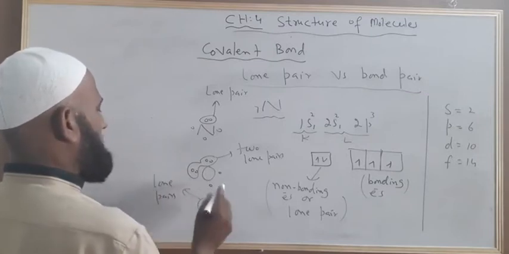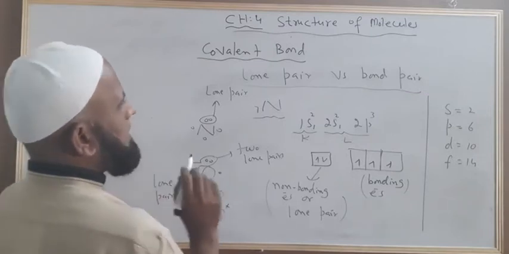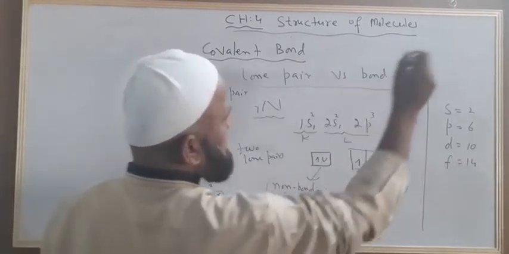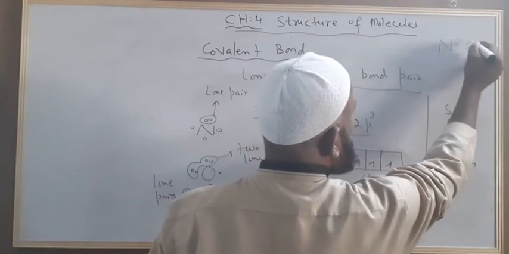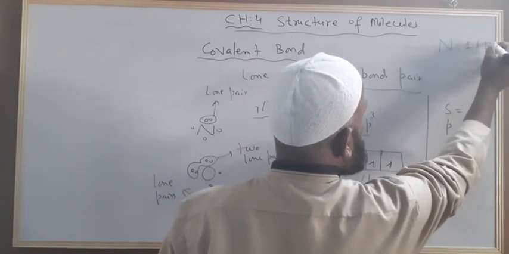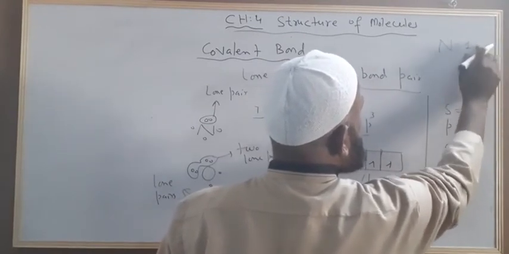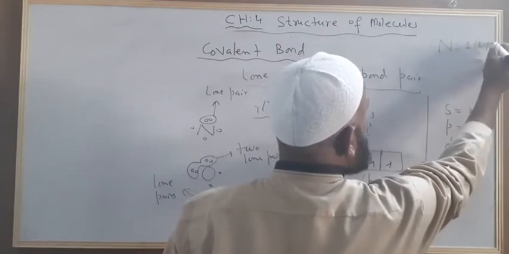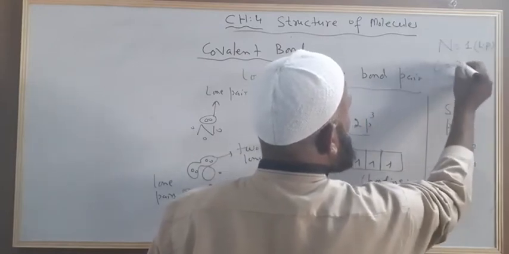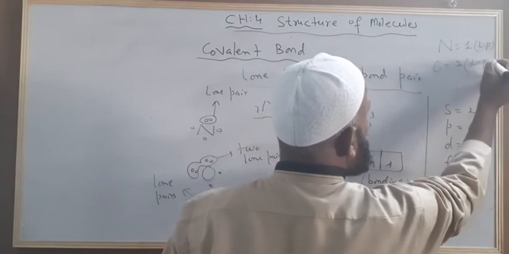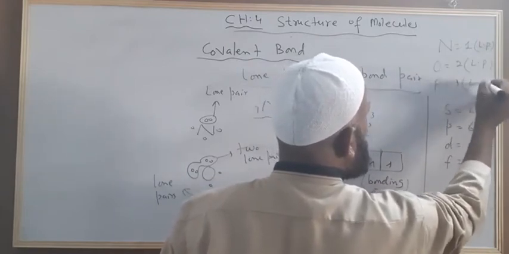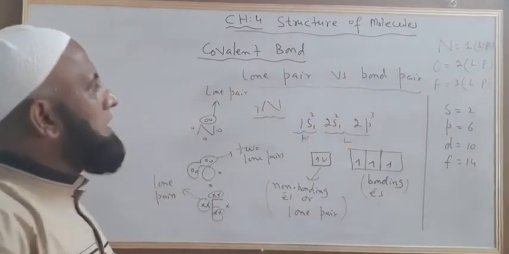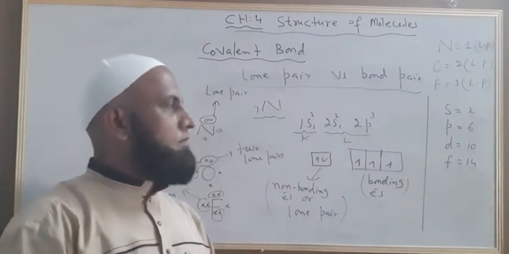So in conclusion we can say that nitrogen has one lone pair, oxygen has 2 lone pairs, and fluorine has 3 lone pairs. So hopefully you get the lone pair and bond pair.